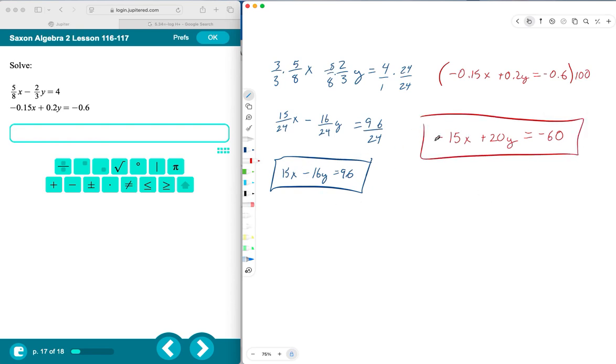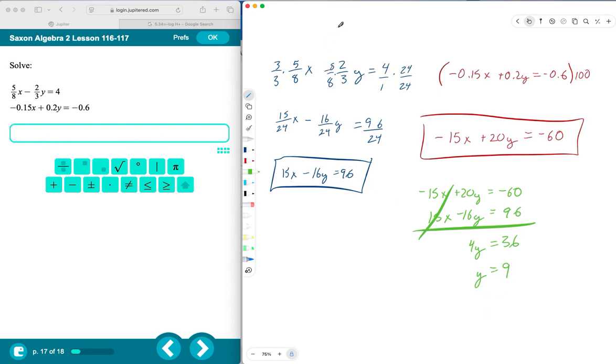Opposite values. So when I calculate that, I get negative 15x plus 20y equals negative 60, positive 15x minus 16y equals 96. These cancel. 4y is equal to 36. y is equal to 9.